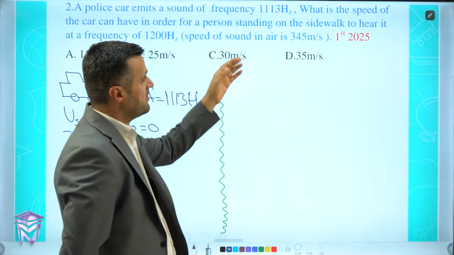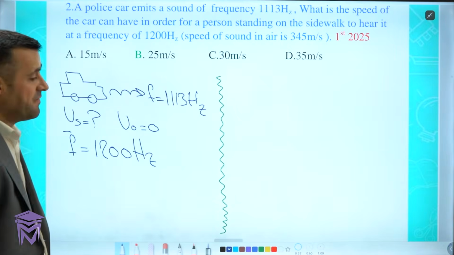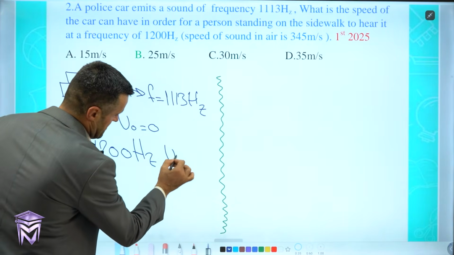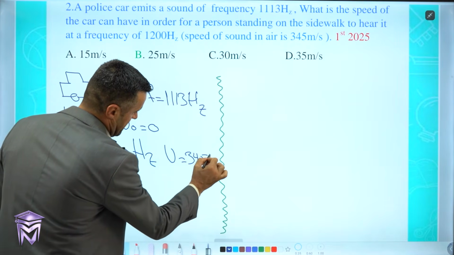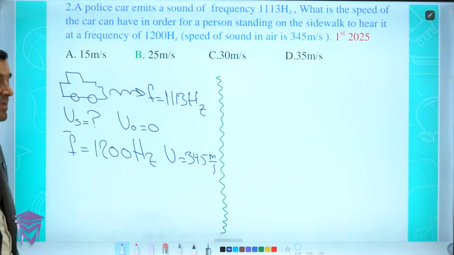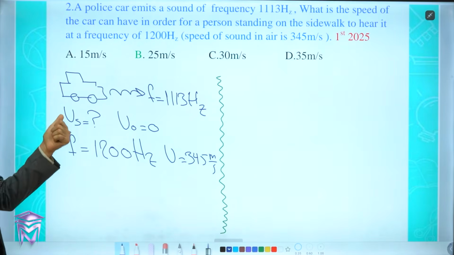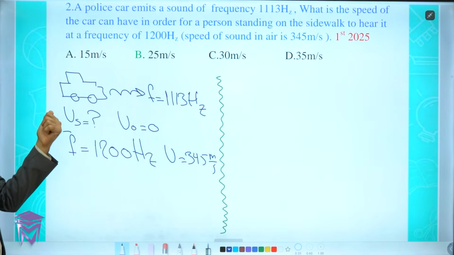If the speed of sound in air is 345 meters per second, what is the speed of the car?